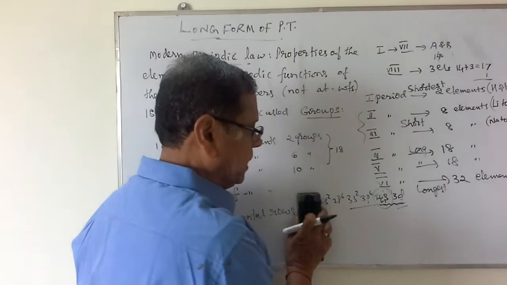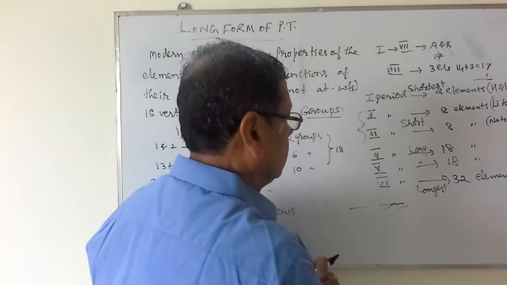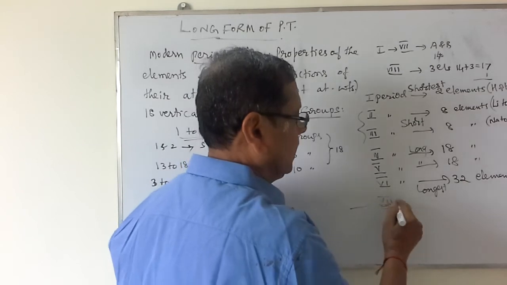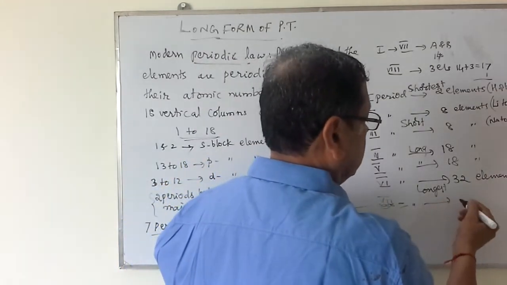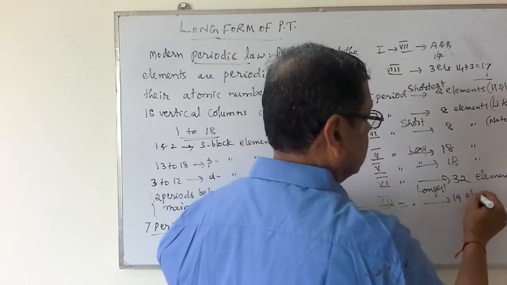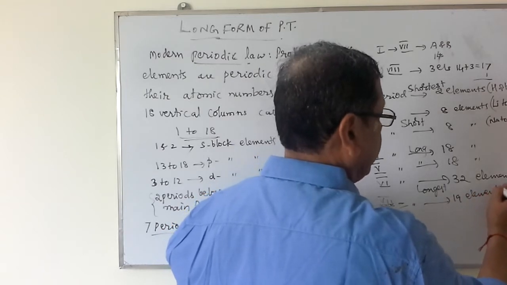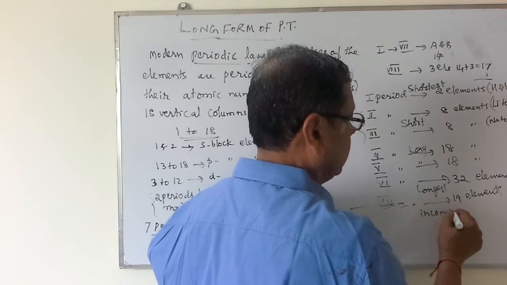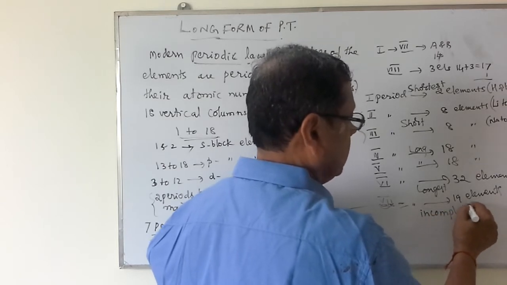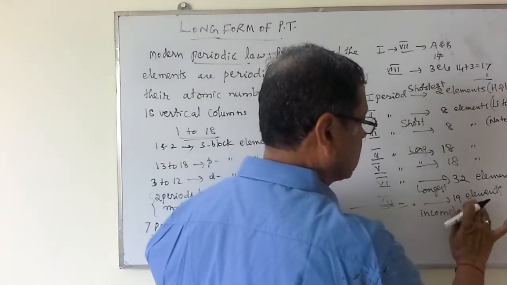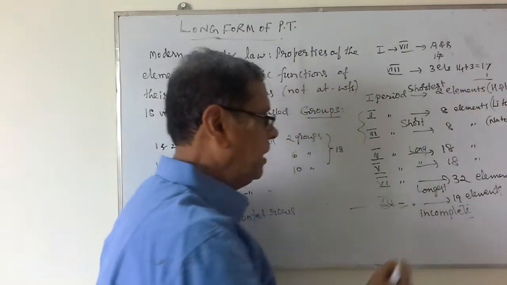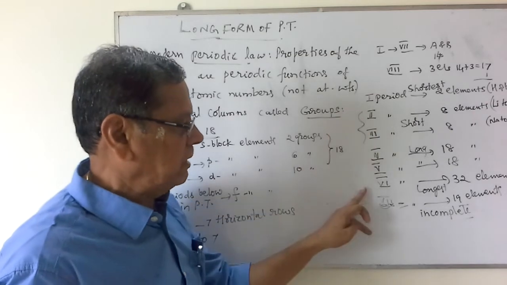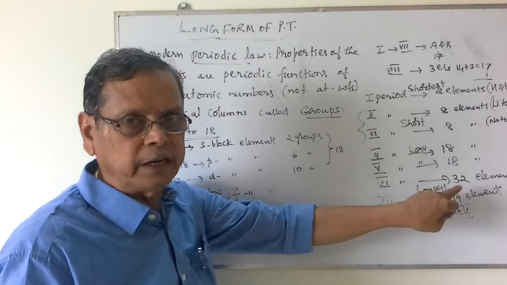While the seventh period contains about 19 elements and it is still an incomplete period. There are some more elements to be discovered and they are to be placed in the 7th period. So up to the 6th period, they are completely filled up.